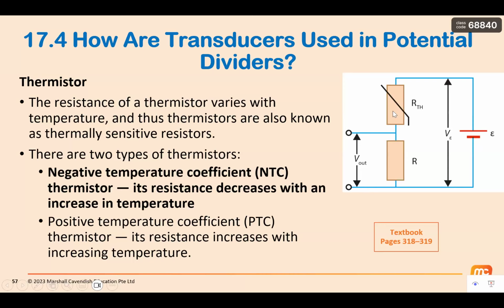But if it's not given, we take the negative temperature coefficient. What does it mean? It means that when the temperature increases, the resistance decreases. It's like a variable resistor, but it depends on temperature. When temperature increases, resistance decreases, an inversely proportional relationship.